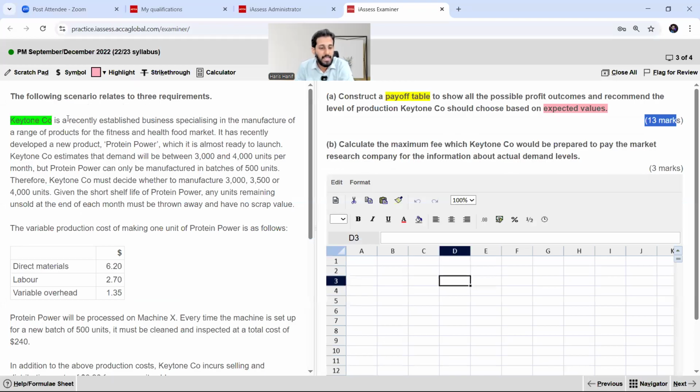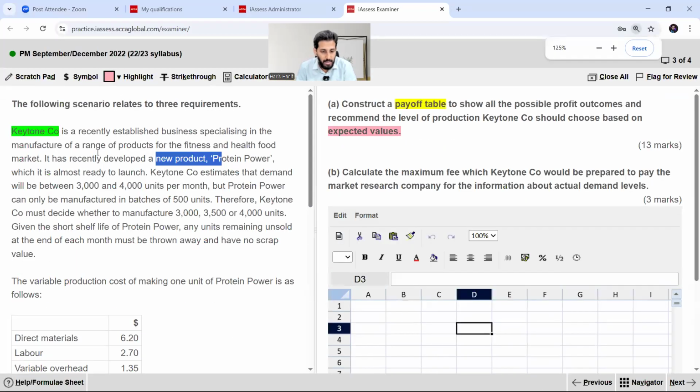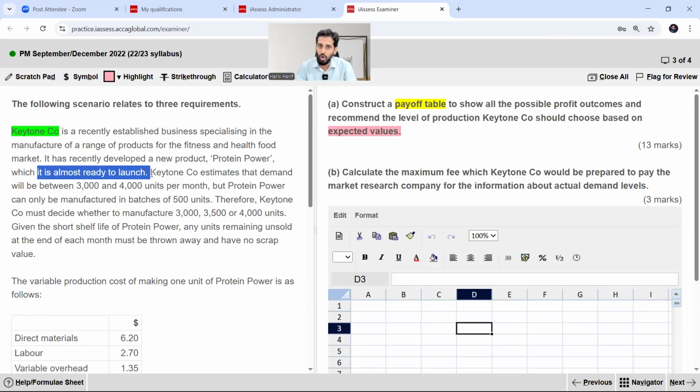Let's move on. Ketone is a recently established business specializing in the manufacture of a range of products for the fitness and health food market. It has recently developed a new product, Protein Power, which is basically the name of the product, which it is almost ready to launch. Ketone estimate that demand will be between 3,000 and 4,000 units per month.